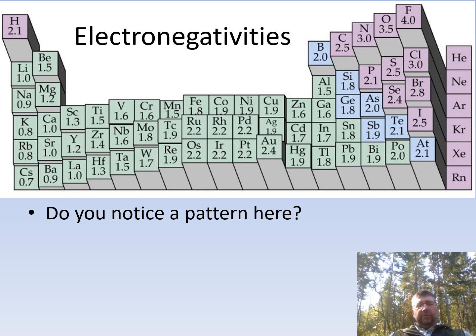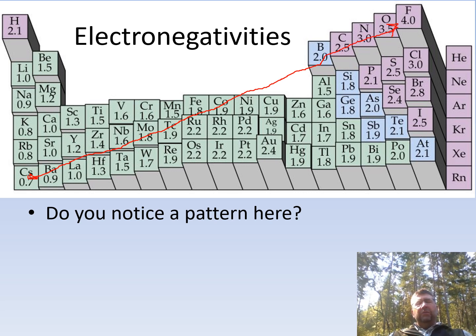You'll probably notice something similar to the other periodic trends that we've talked about, that the number is the lowest down in this corner here with the atoms that have the largest radius, and it gets higher and higher as we move toward this corner with the atoms with the smallest atomic radius. And that makes sense when you think about the smaller the radius of the atom, the closer the nucleus is to the electrons.